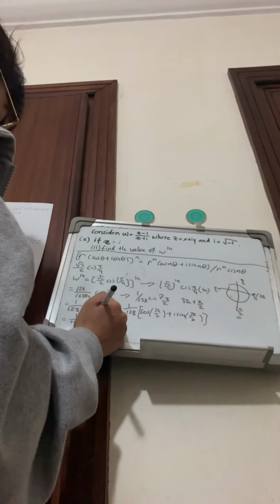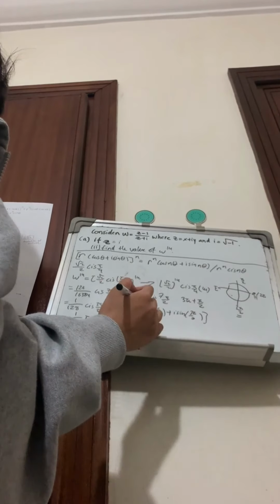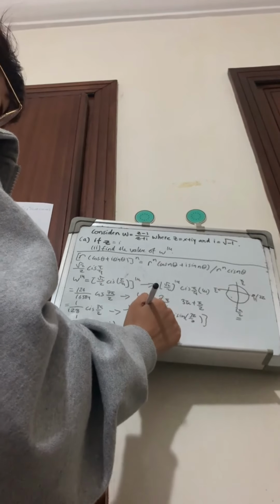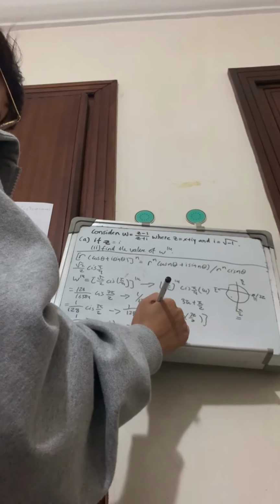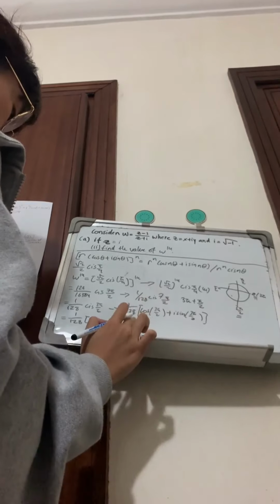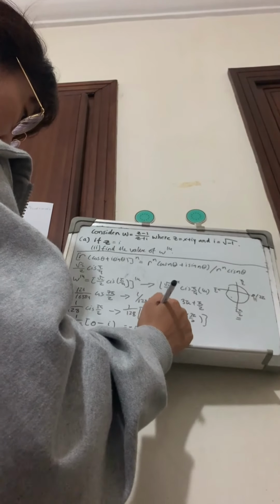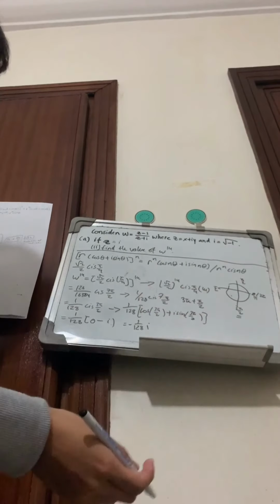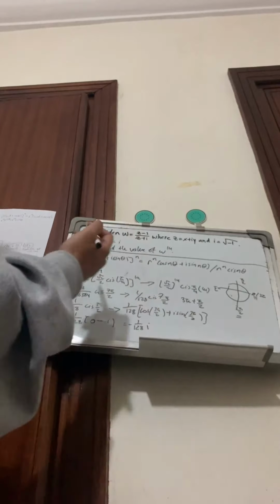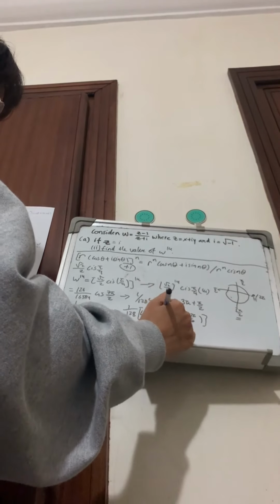So that would give us 0 minus i. And this is your answer. So you get 1 point for identifying and knowing that we have to use the Moivre theorem. Another point for finding the answer.